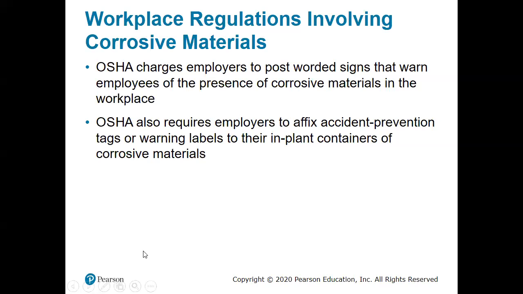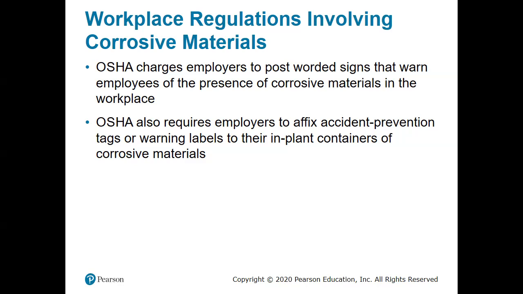All right, so the last thing that we want to talk about here to close up this unit is some general workplace regulations about corrosives. Now, OSHA is overseeing all of this. And basically, the OSHA mandate says two things.